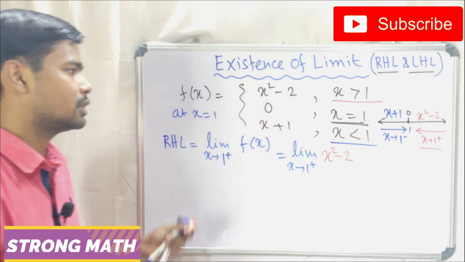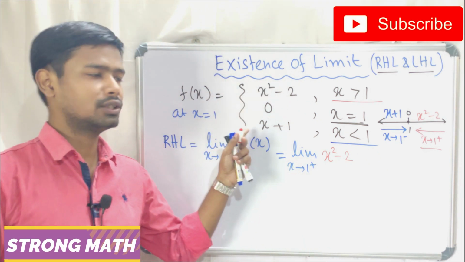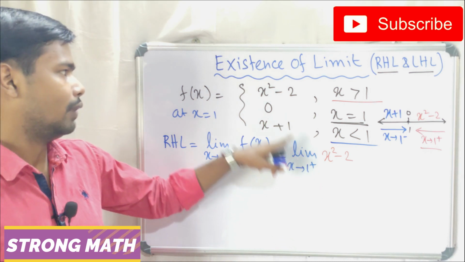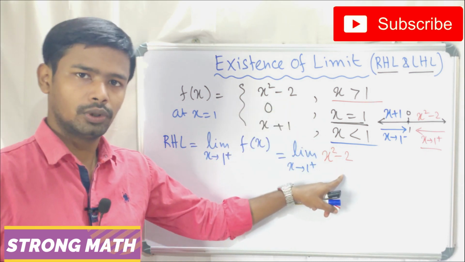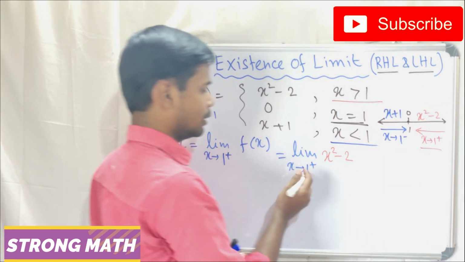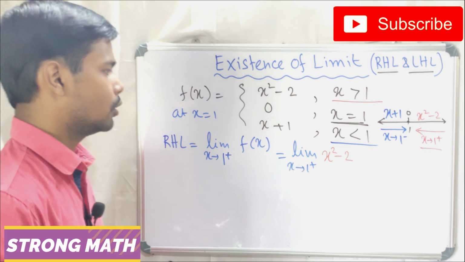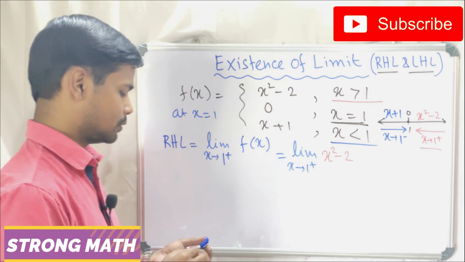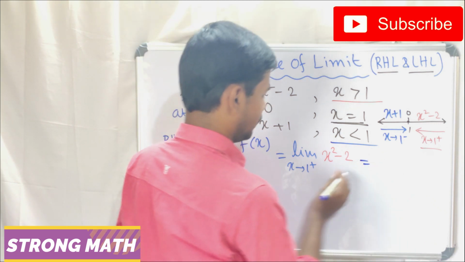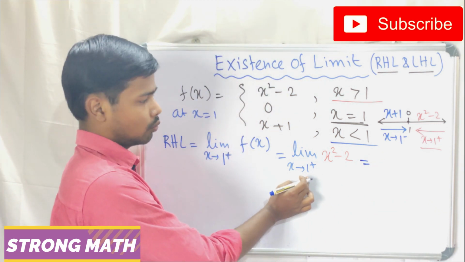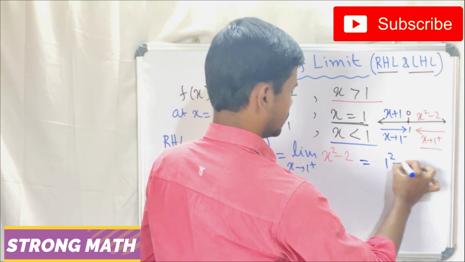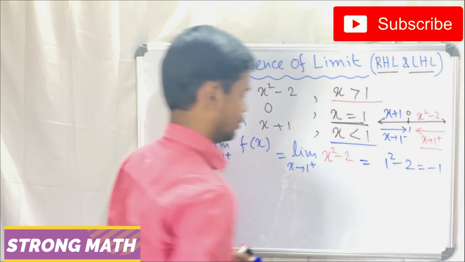From the right hand side of 1 towards 1, the function is x square minus 2, indicated in red. Putting in 1, we get 1 square minus 2, which gives us minus 1.